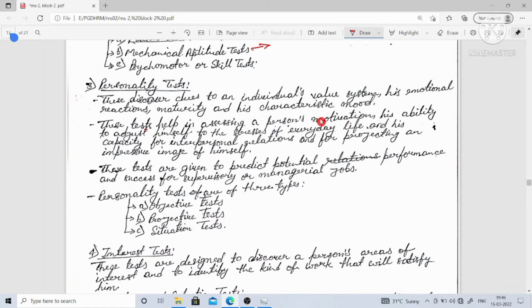Whether the person will be able to adjust himself to a stressful situation or not can also be tested. And the way the person will interact with others can also be tested by this personality test. This test is given to predict potential performance and success for supervisory or managerial jobs. So personality test is very important for supervisory or managerial jobs.